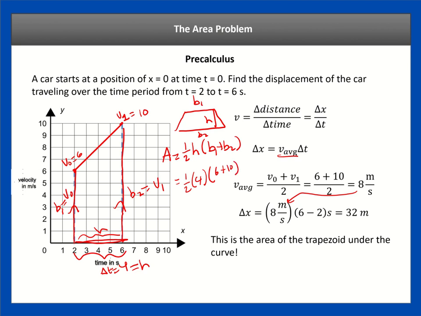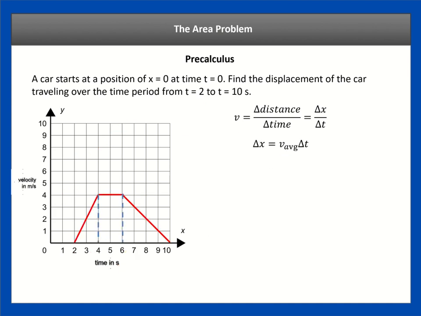And then if you calculate that, you're going to get 32, which is equal to the area under the curve, which is equal to the displacement. So we're seeing a pattern here. We're seeing that in order to find the displacement of a velocity versus time graph, right, we need to find the area under the curve. So this is the idea.